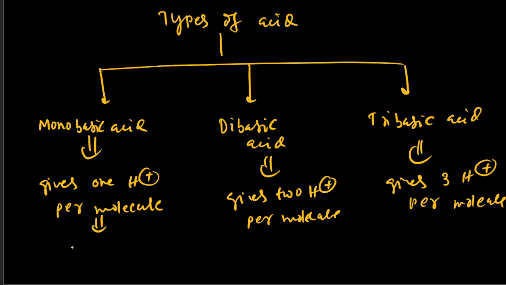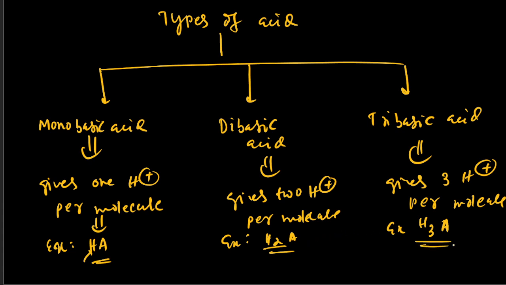So as an example, HA means 1 H is there, here H2A, here H3A. So in this type only 1 H is present, 2 H is present, so this has to be able to give 2 H plus, 3 H plus.